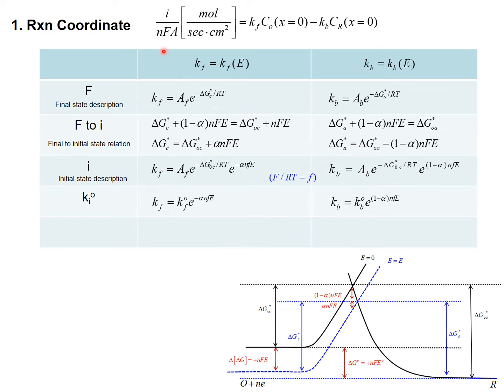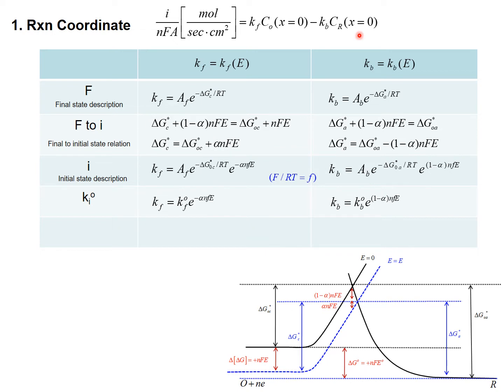Of course, the starting point of the equation should be the mass action law. Current per NFA should be described by the reaction rate: the rate constant for the forward reaction with the surface concentration of oxidized species, minus the backward rate constant with the surface concentration of reduced species.